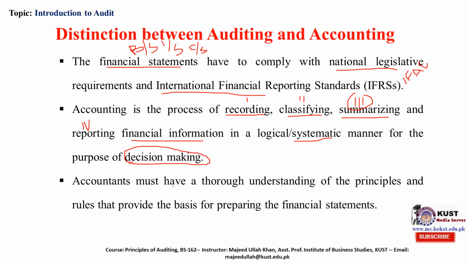So, in order to achieve this systematic process, it is necessary that the accountant must have an understanding of the principles. Principle means what can be debited, what can be credited, and the rules that are prevailing in the country, like in Pakistan, IFRS and the Companies Ordinance 1984, which provide the basis for preparing financial statements of a listed company.